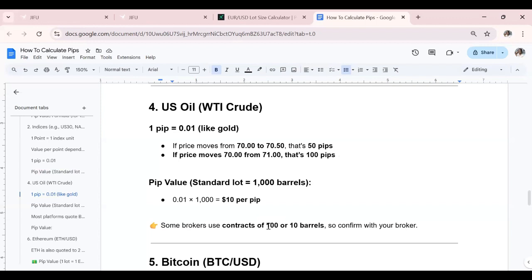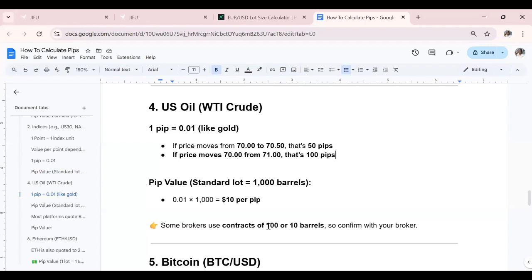So you need to always confirm how it is traded on your broker. Because for things like oil indices, they are high volume, highly volatile commodities. So sometimes what certain brokers do so that different people can take part in trading these commodities is that they reduce it.